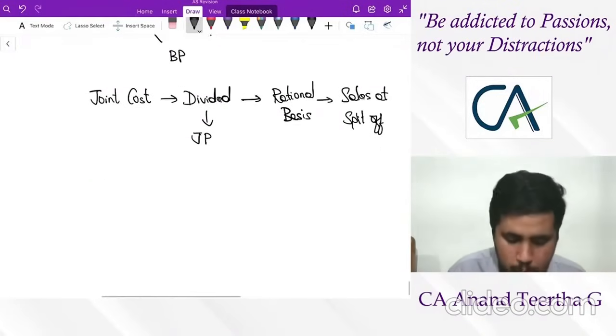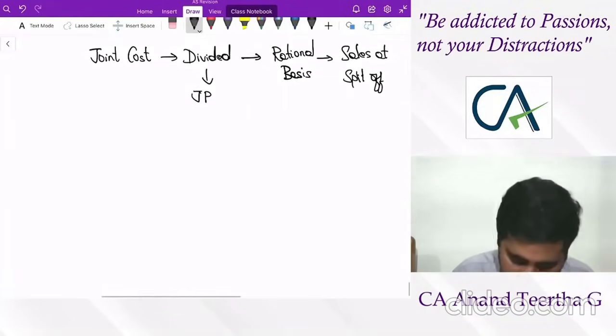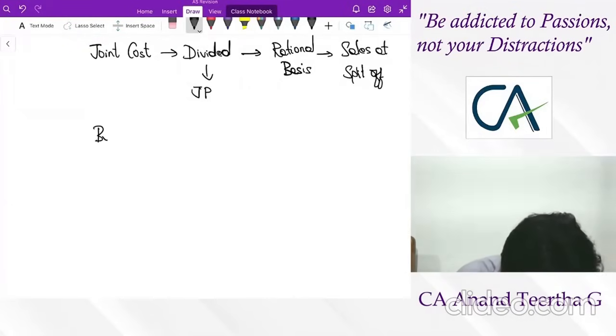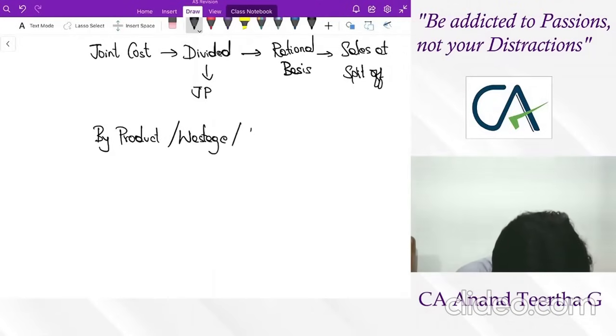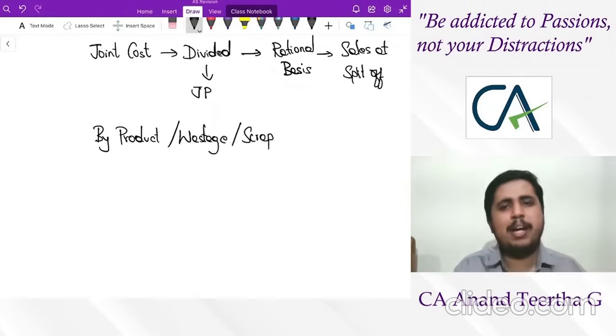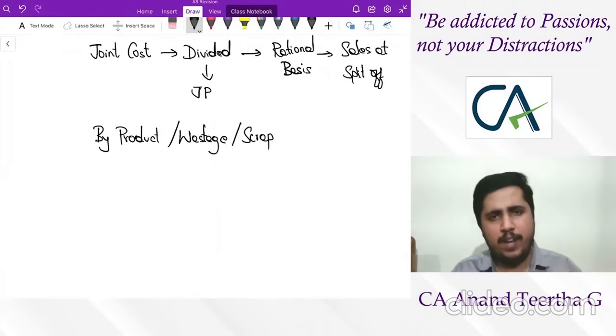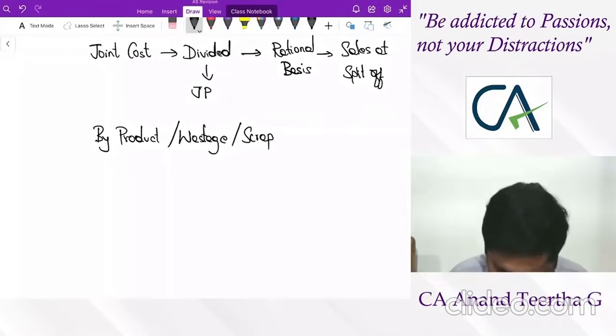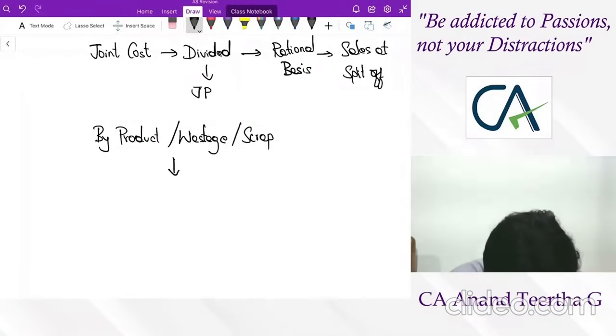Now what should I do with the byproduct then? This is very important. The standard said it could be a byproduct, or it could be wastage, or it could be scrap. You can call it by any name: byproduct, wastage, scrap, etc. Now, all these things should be valued at NRV, very important, and it should be deducted from joint cost.